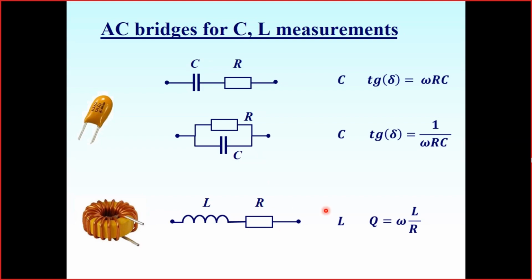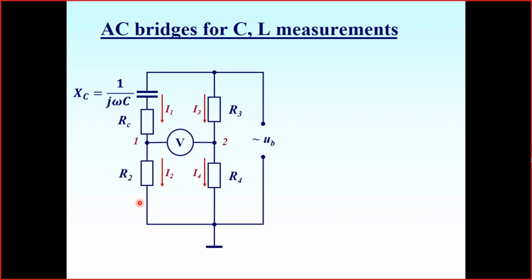The parameter of the inductivity is the so-called quality factor. It's the ratio between omega L, which is the reactive resistance of the inductivity, and the resistance of the inductivity. The higher this value is, the less the resistance is, and the more inductive the behavior of the particular choke.